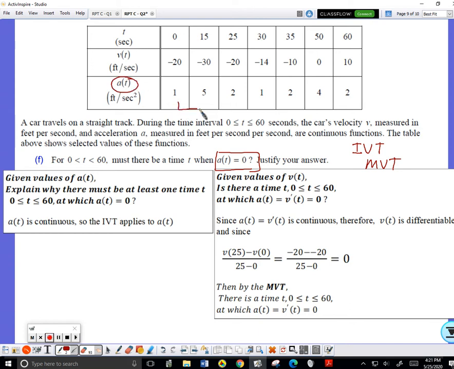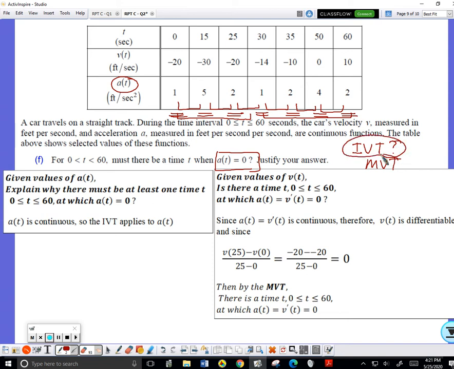But there's no way to find a value of the acceleration on any interval that would be 0, because there's no intervals where the acceleration value appears to have to go through 0, because all these accelerations are positive. So that's making it look like I can't use this.